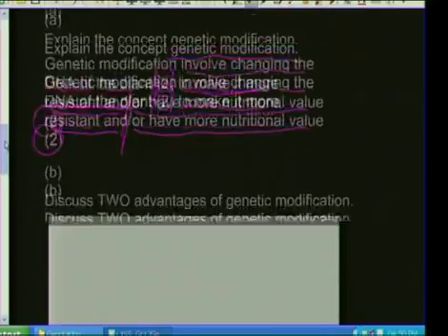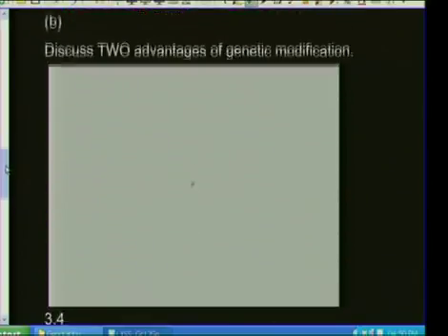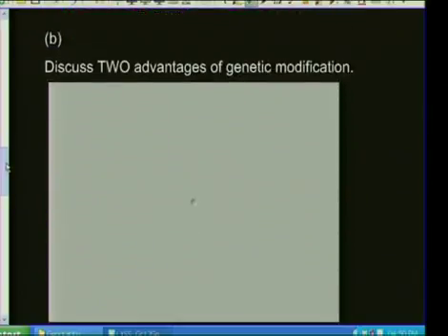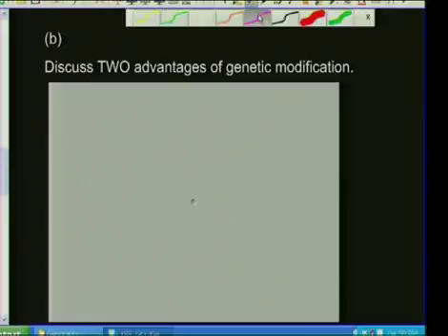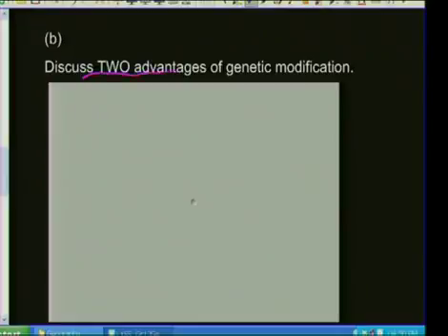Okay? Let's look at this. Next one. Discuss 2 advantages of genetic modification. Again, you notice the trend. If you know what genetic modification is, it's increasing the resistance of the plant. It's also making it healthier, the nutritional value, if we're getting more of the product.